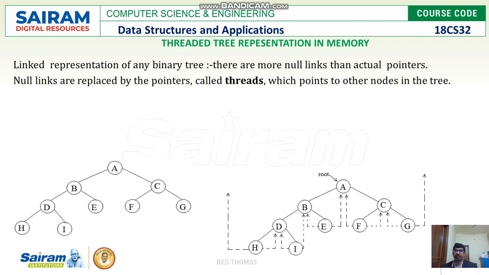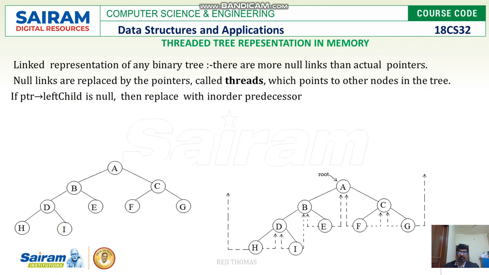So what we do is these null pointers or null links are going to be replaced with a pointer called thread, which is going to point to the other nodes in the tree. So wherever you find there is no more child for a given node, you are going to represent that using a link which is null. So we are going to replace this null with some other pointers which will point to the other nodes in the tree.